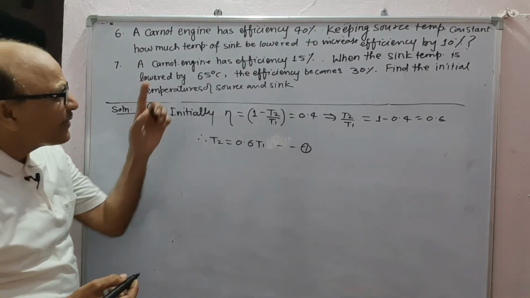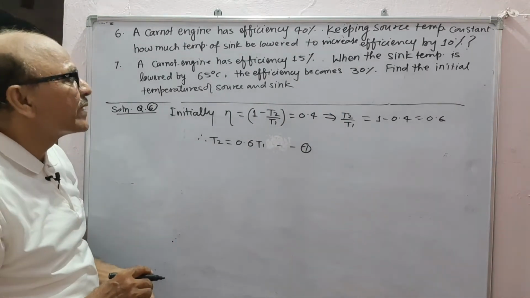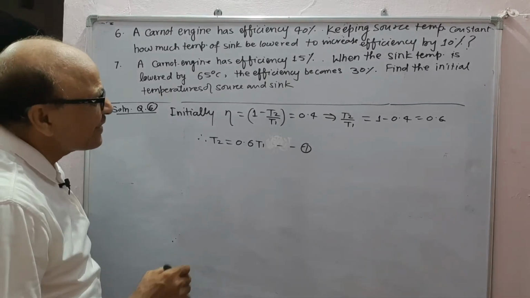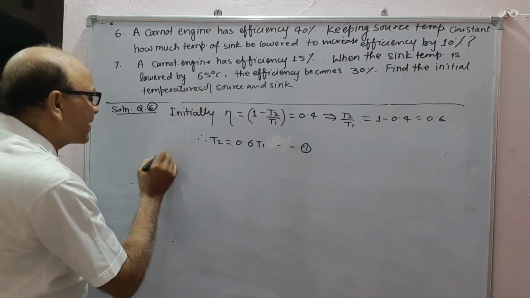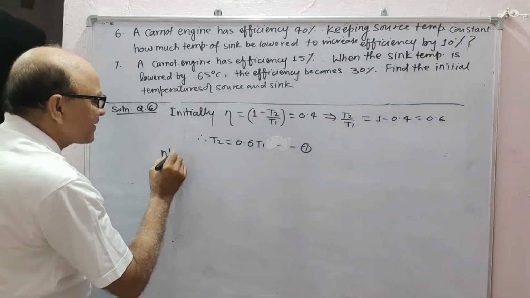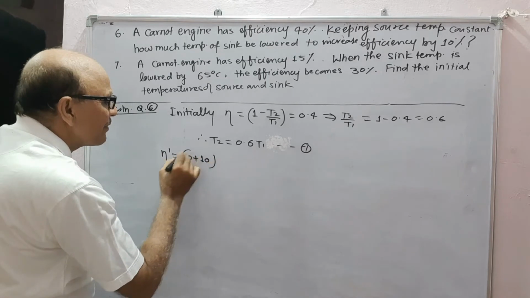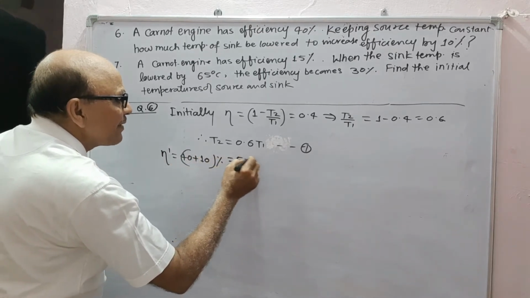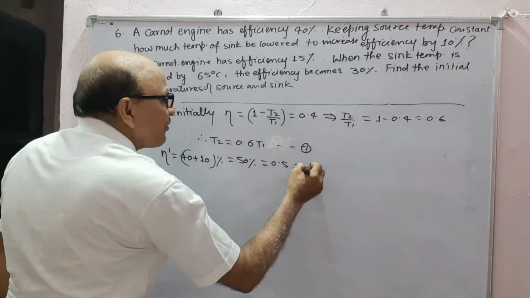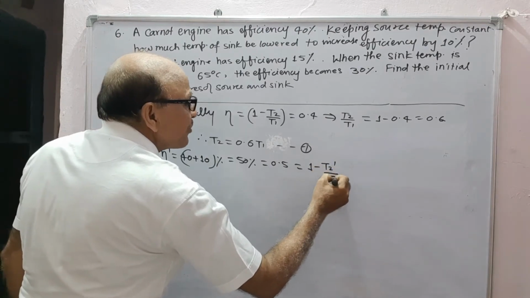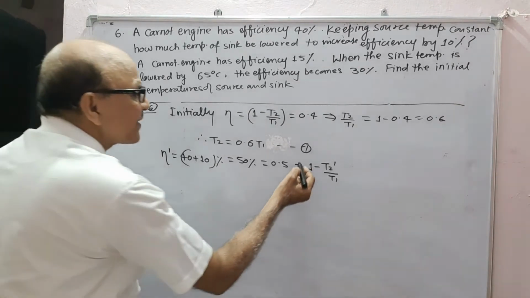And keeping source temperature constant, when sink temperature is lowered to T2 dash, then new efficiency increases by 10%, which means new efficiency becomes eta dash equal to 40 plus 10%, that is 50%, which means 0.5, which will be 1 minus T2 dash upon T1, because T2 has been changed to T2 dash and T1 remains constant.